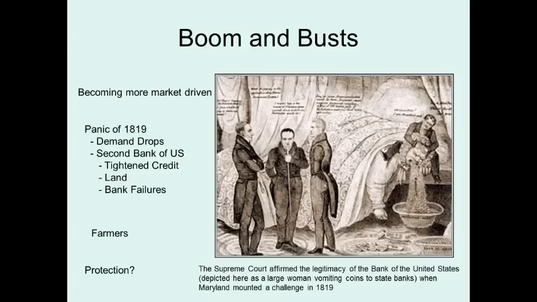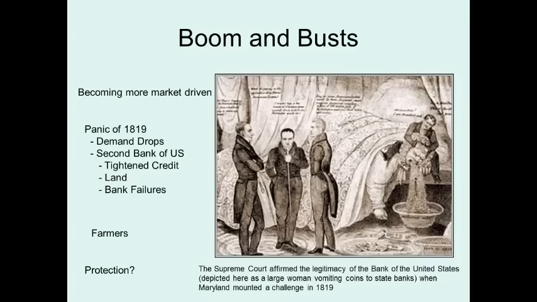The second thing that triggers the Panic of 1819 is that we have an institution called the Second Bank of the United States. And in an act of glorious bad timing, the Second Bank of the United States decided to tighten credit at the same time this demand dropped.